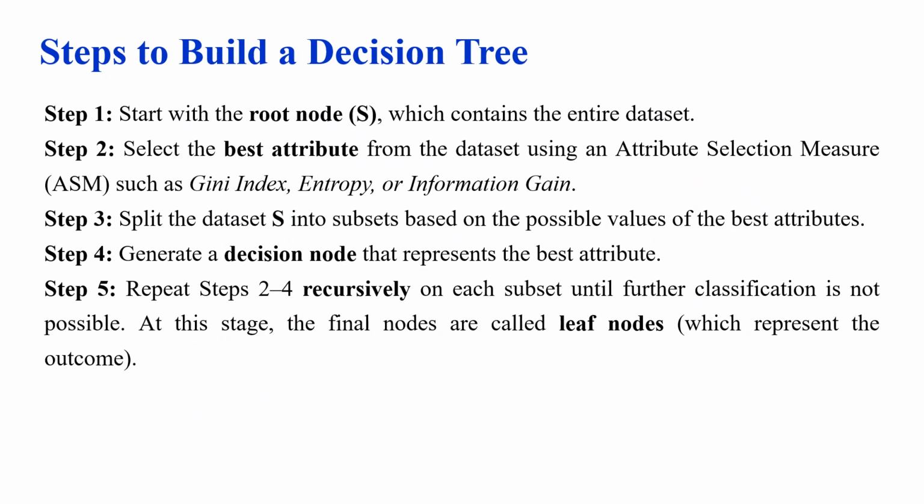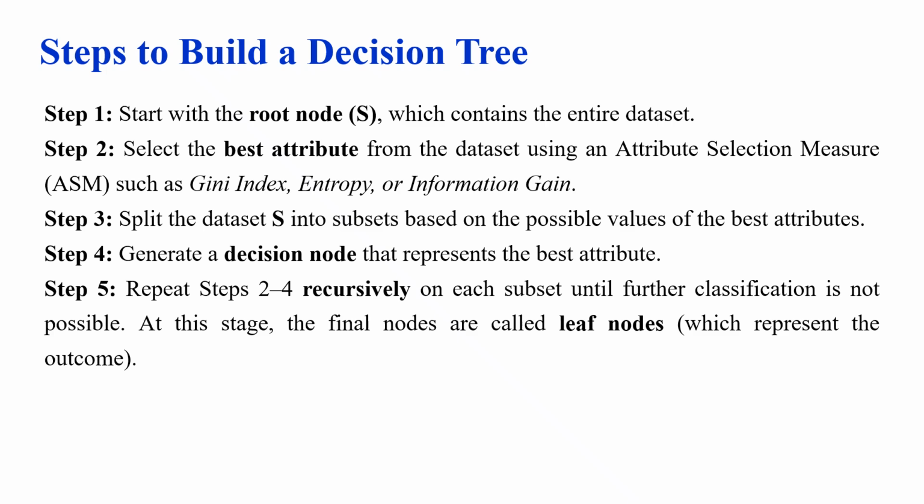The steps to build a decision tree. First, we start with the root node, which contains the entire data set. Then we select the best attribute from the data set using the attribute selection measure, which is ASM, such as Gini index, entropy, or information gain.